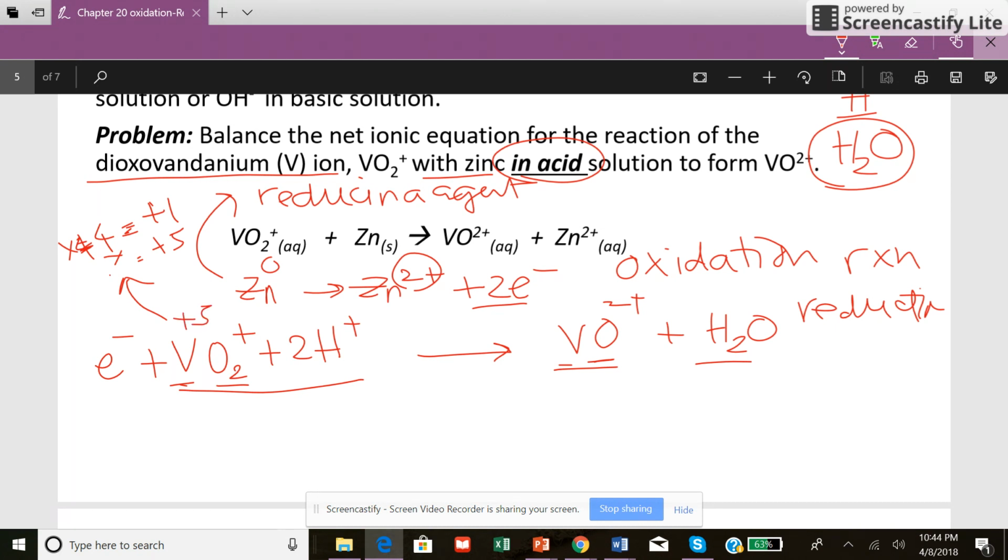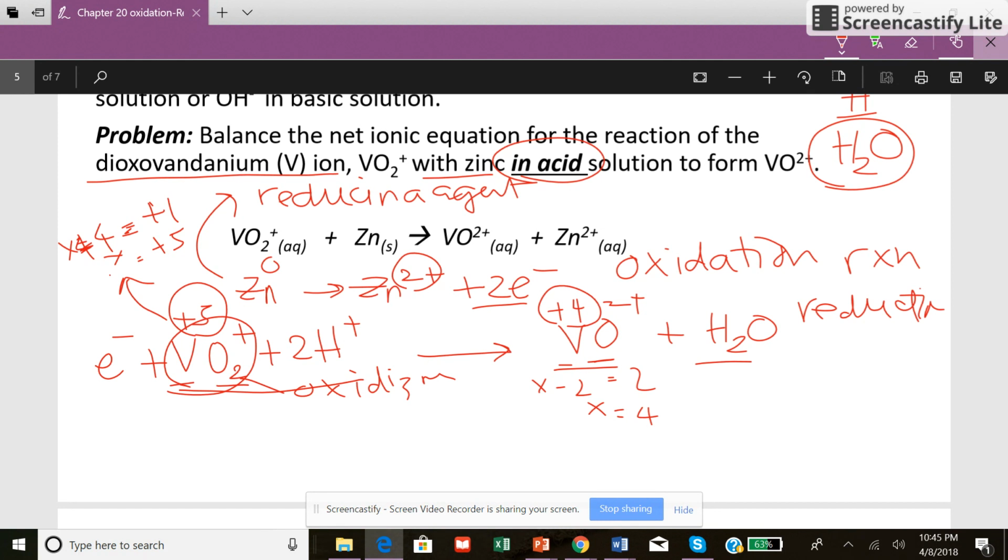And then over here, it becomes 2 plus x minus 2, so x is equal to 4. So the oxidation number of vanadium is 4 positive. So its oxidation number actually decreased, which means that it is being reduced. Who's reducing it is zinc. So itself here, this has to be an oxidizing agent.